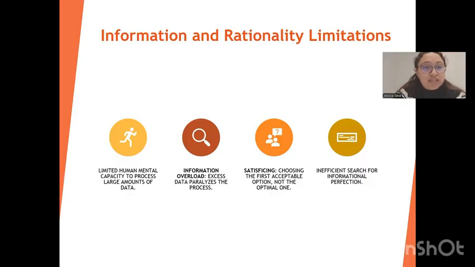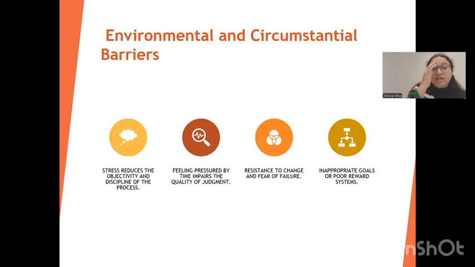Cognitive escalation is when we continue to invest money or time in a project we know has failed. And another is overconfidence.